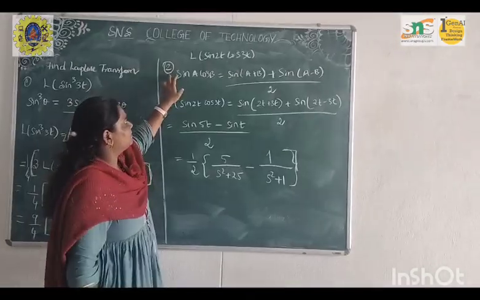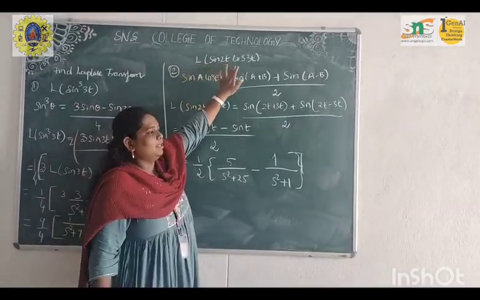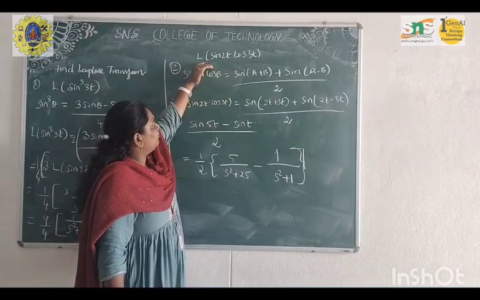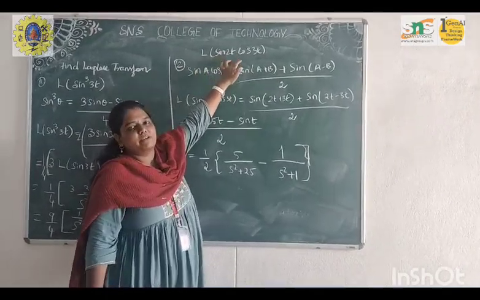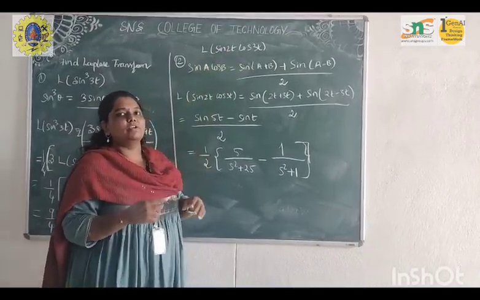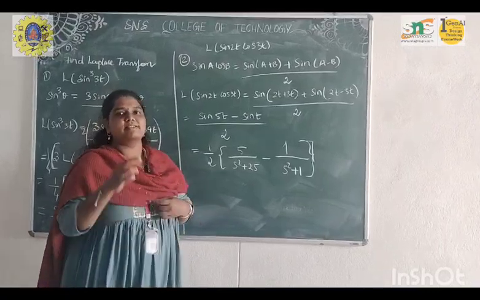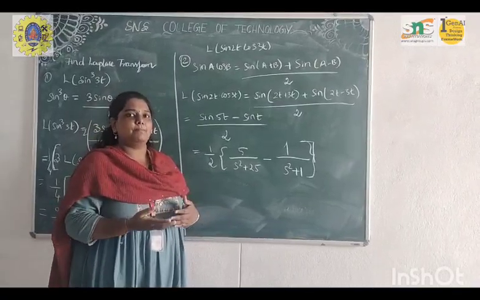So our second sum is L of sin 2t into cos 3t. It is in the form of sin A cos B. We know the formula: we are adding two formulas, sin(A plus B) plus sin(A minus B).